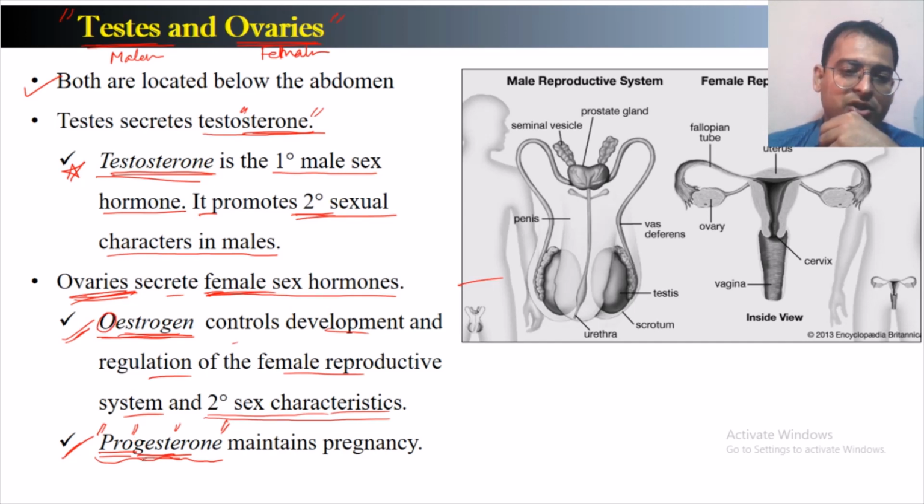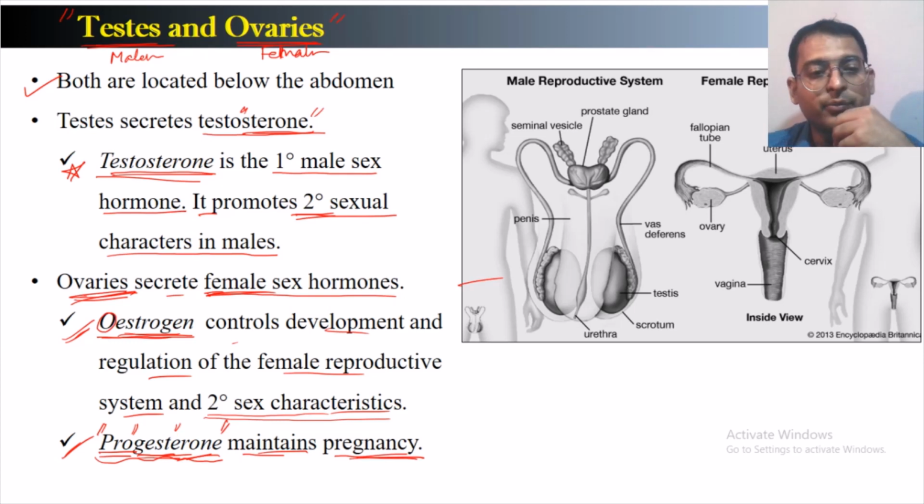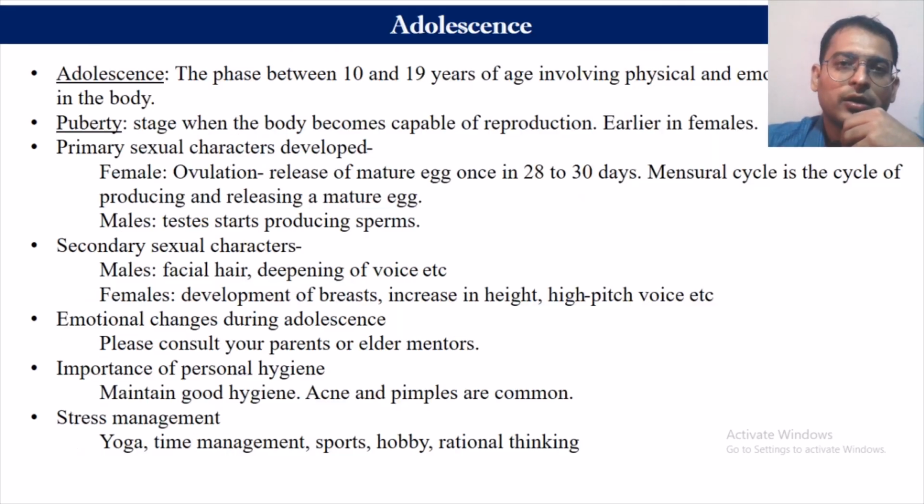Progesterone maintains pregnancy, so this hormone is important to maintain pregnancy in females. These two hormones, estrogen and progesterone, are very important and are secreted by the ovaries. So we have covered the different endocrine glands in the human body, the hormones they produce and their functions.